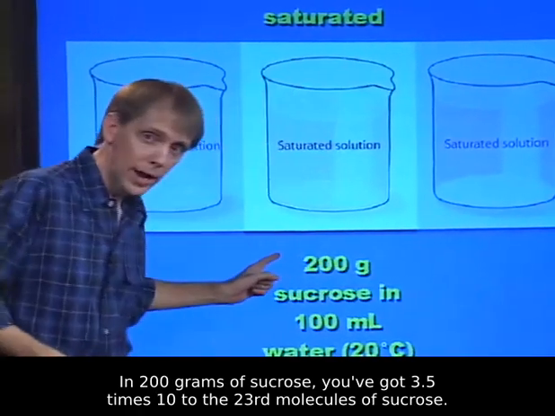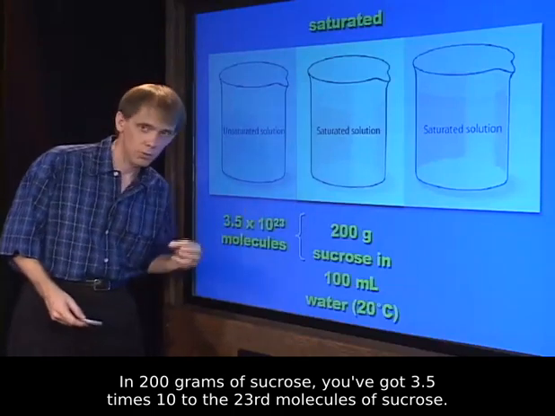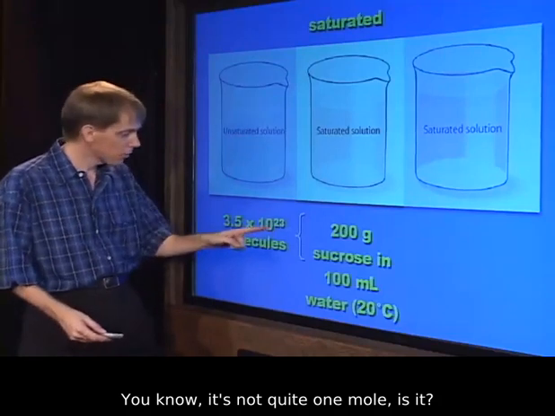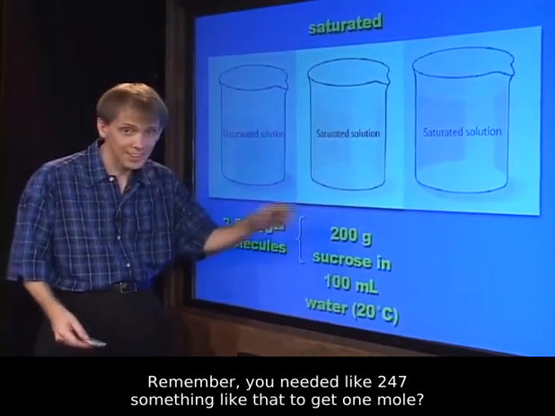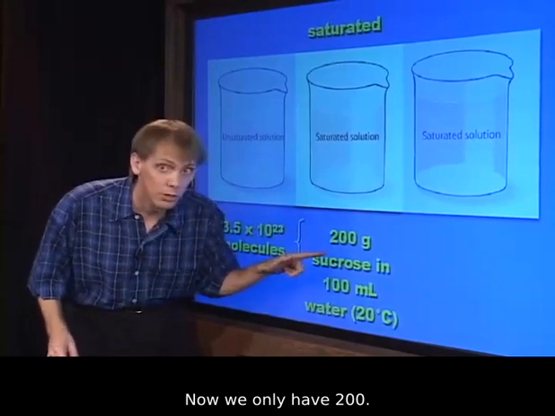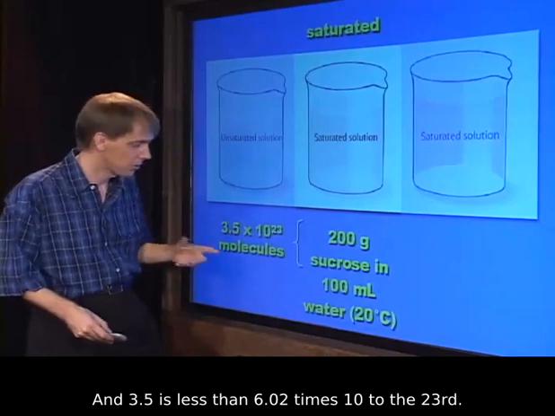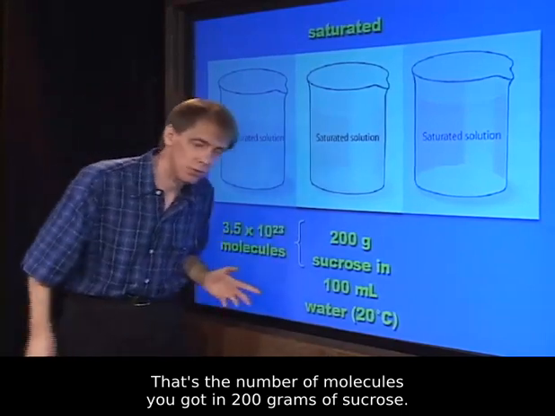In 200 grams of sucrose, you've got 3.5 times 10 to the 23rd molecules of sucrose. Yeah, it's a big number. You know, it's not quite 1 mole, is it? Remember you needed like 247, something like that, to get 1 mole? Now we have only 200. And so that's less than a mole. And 3.5 is less than 6.02 times 10 to the 23rd. That's the number of molecules you got in 200 grams of sucrose.